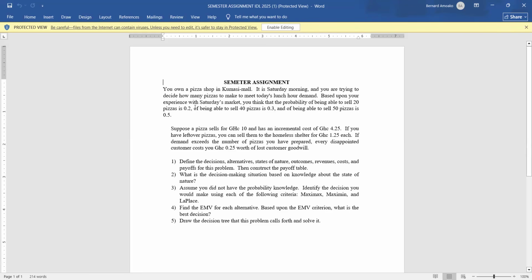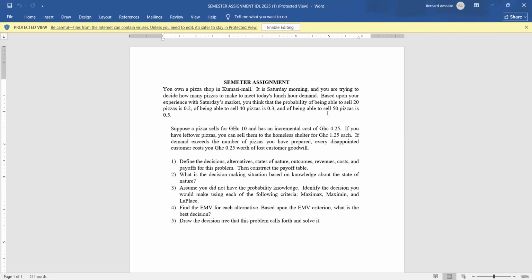They are telling you that you are going to supply 40, 20, 20, 40, 50. So this becomes the demand and the supply. The supply becomes the decisions, the alternative decisions that you have, and then the demand becomes your state of nature, the market condition.